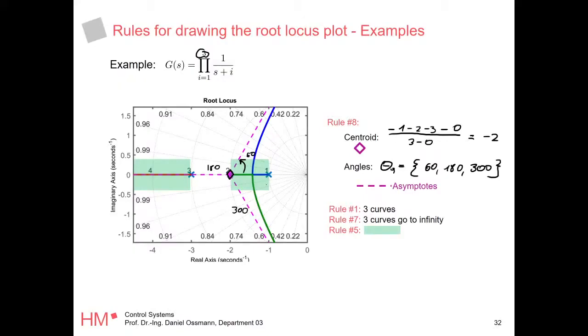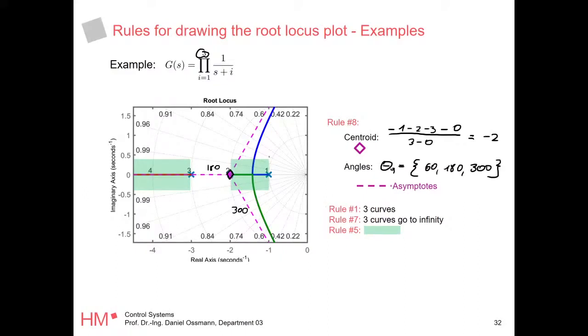Always the same. When you have a difference of 2, it's always going to be 90 and 270. So if you do it a couple of times, you actually remember it by heart. Okay, so we've got 3 curves because we have 3 poles, and 3 of those curves go to infinity.